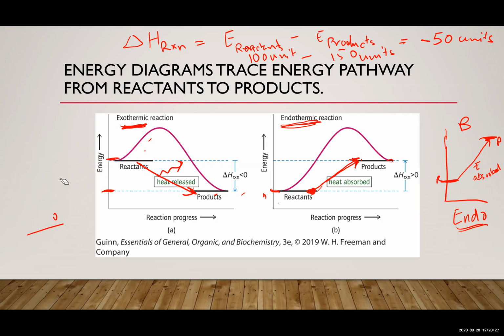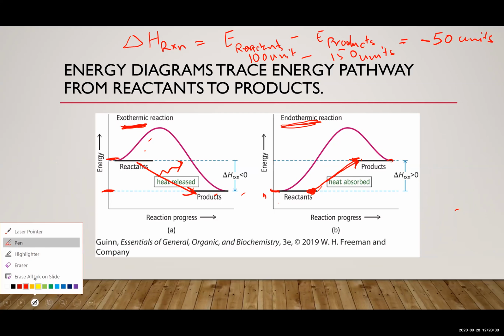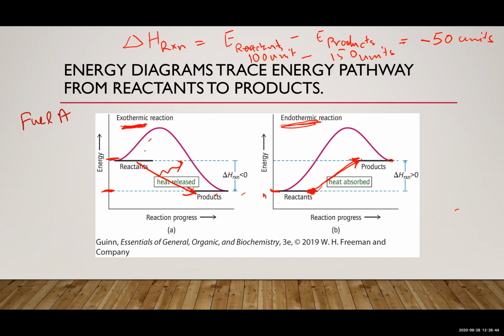Let me ask another one. This chapter does not have many math problems; it's just conceptual problems. Let's say I have two different kinds of fuels, and when they burn, the energy looks something like that. Let's call this fuel A. Because it's a fuel, when fuel burns, will the reaction be exo or endo?